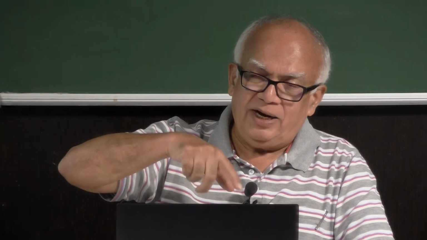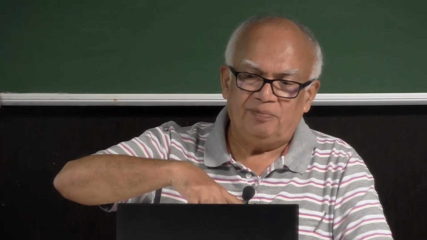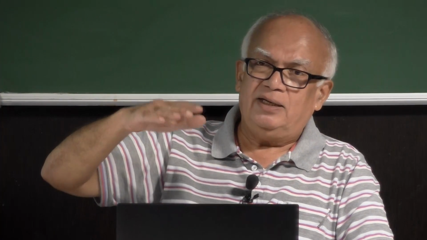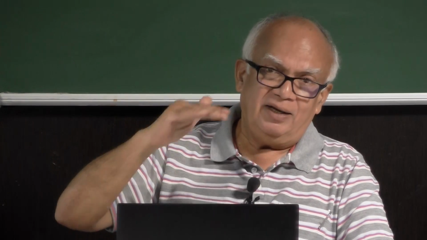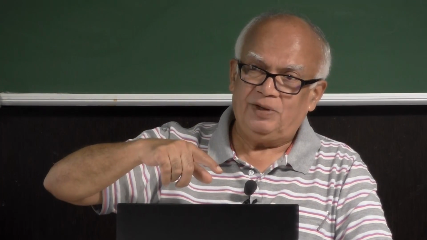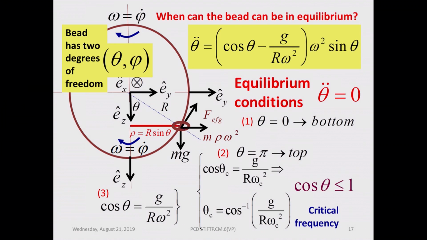and that can happen only above a certain speed. If the hoop is rotated at lower speeds, this cannot happen. It can happen only at a certain minimal critical angular speed. Why? Because cosine theta must be less than or equal to 1. So, omega will have to be above a certain critical frequency at a minimal angular speed.